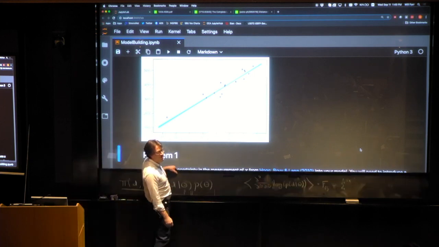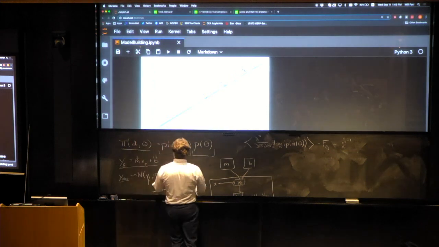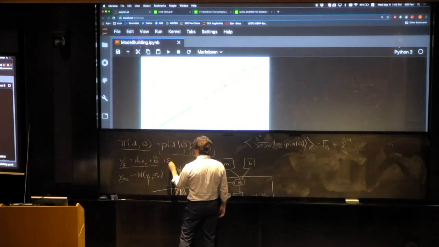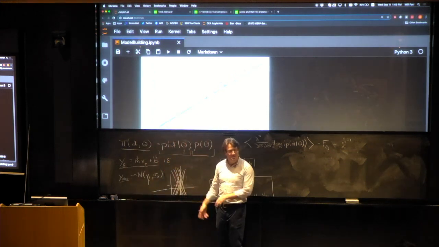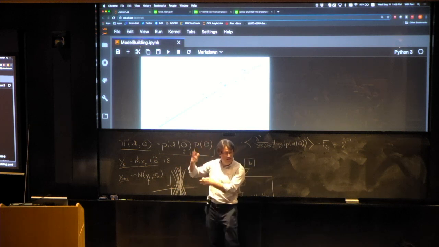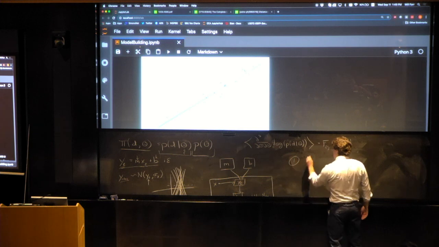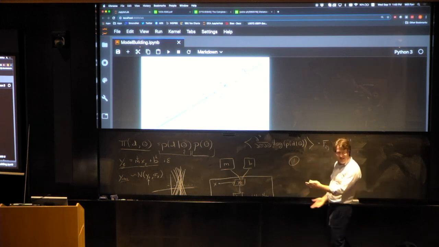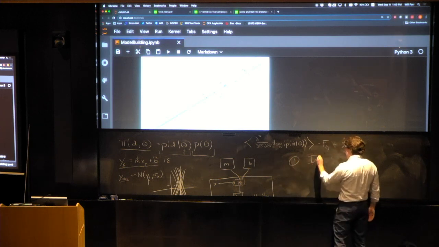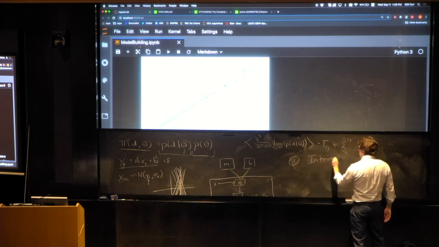Oh, yeah, I like the sound of that. Okay, so I'm going to denote that here plus epsilon. Epsilon is some scattery statistical uncertainty. Great. So that's option number one. The fancy way to call that is intrinsic scatter.